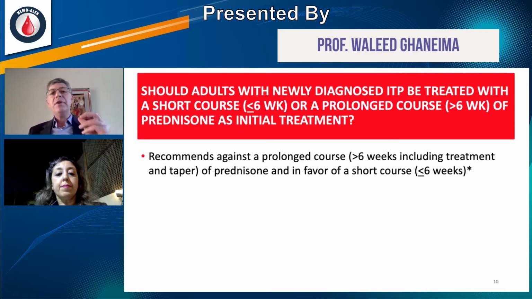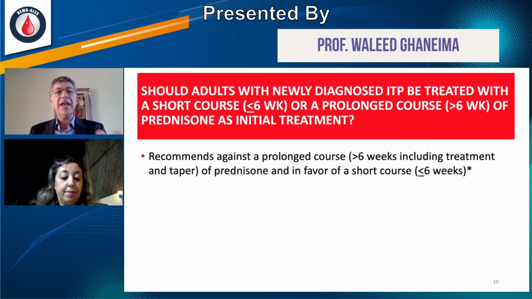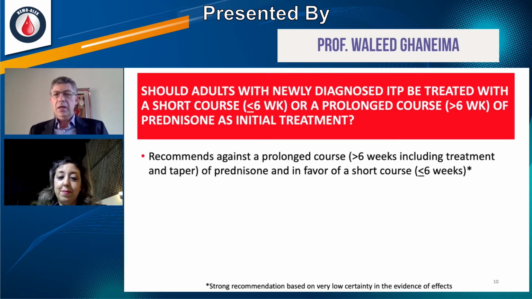And again, there are very few statements in these guidelines where they use the word recommends. The one I showed you previously, and this one: they recommend against a prolonged course of more than 6 weeks, including treatment and taper. So they are in favor of a short course. If you start with prednisolone, it recommends not longer than 6 weeks, even if the evidence is very low certainty.